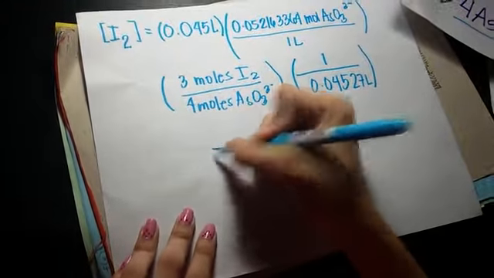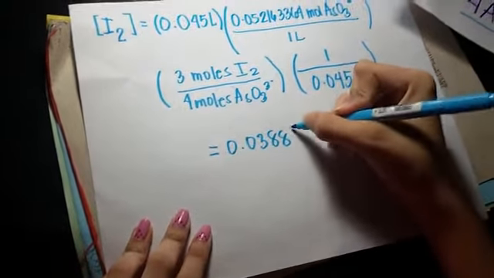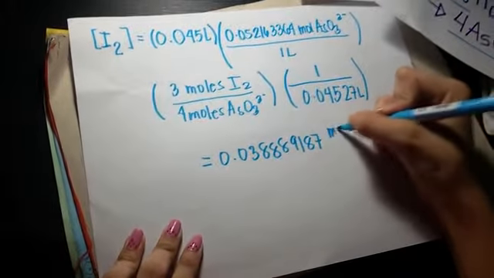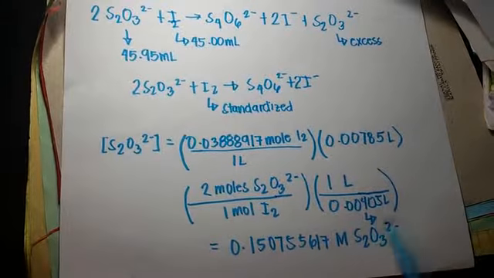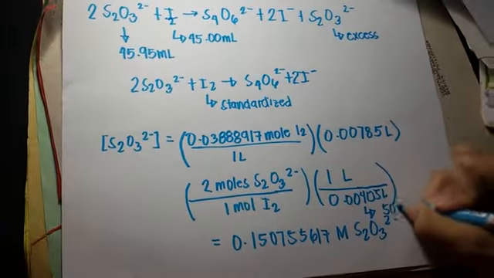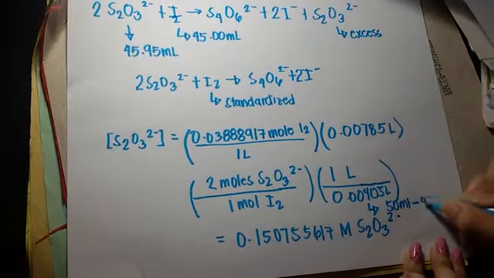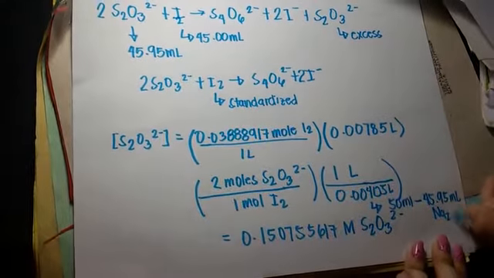If we compute that, we will get 0.038889187 mole per liter I2. After getting this, this is the difference of 50 ml minus 45.95 ml of Na2S2O3.